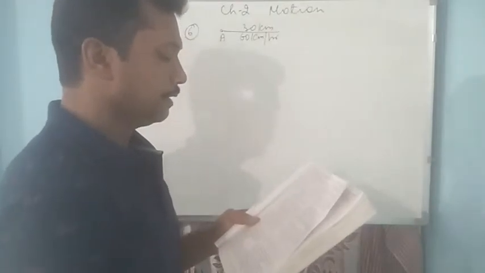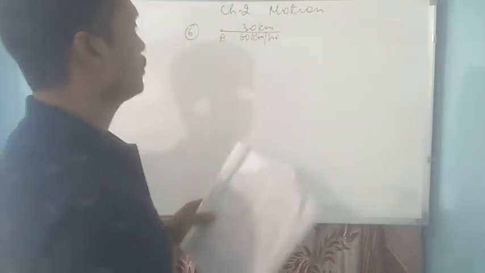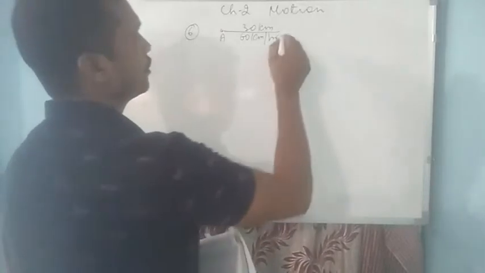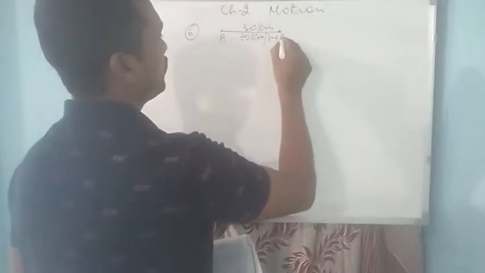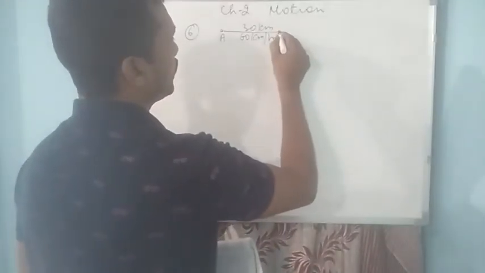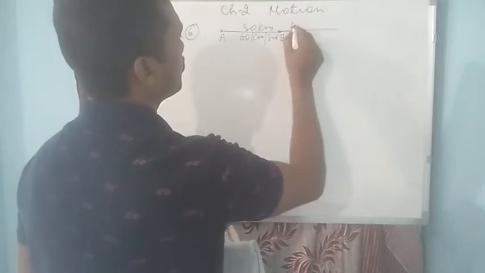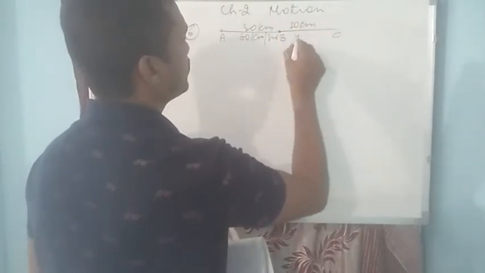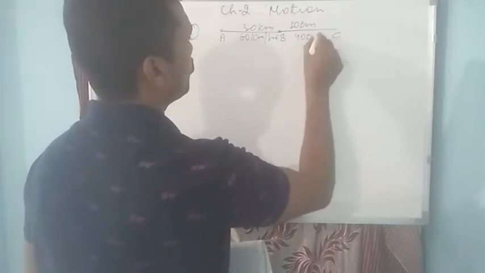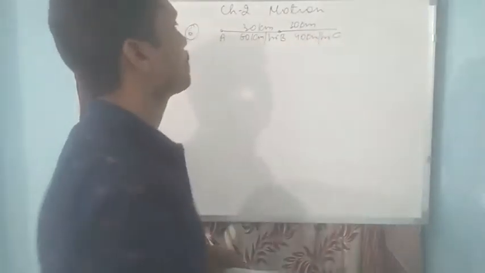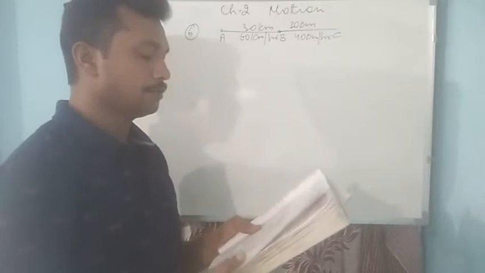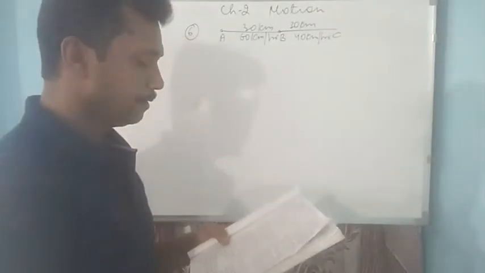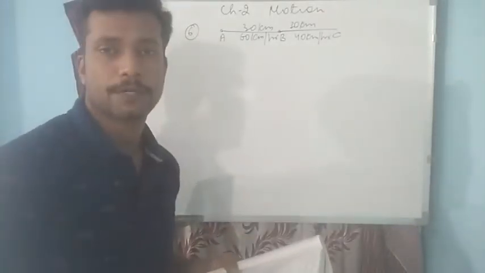And then the next 30 km with 40 km per hour. So we can have this point B, we can take another 30 km to reach a point C, which moves with a speed of 40 km per hour. And you have to find out the total time of journey, also the average speed of the car.